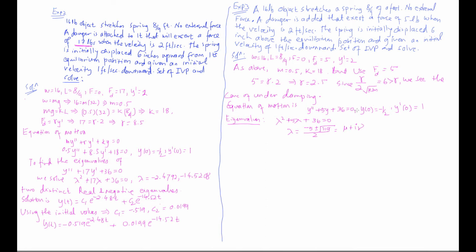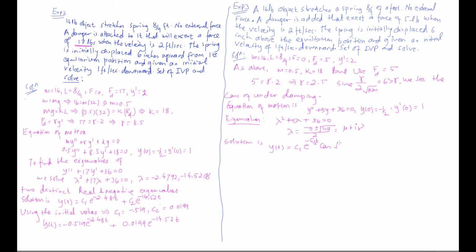Okay, so these are the lambda values, right? So how would the solution look? You write y of t equals c1 e to the -5/2 t cosine nu t, right? So what is nu?